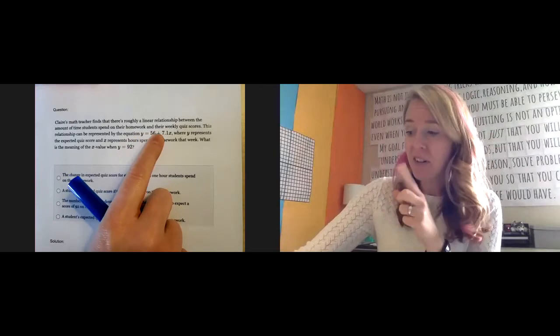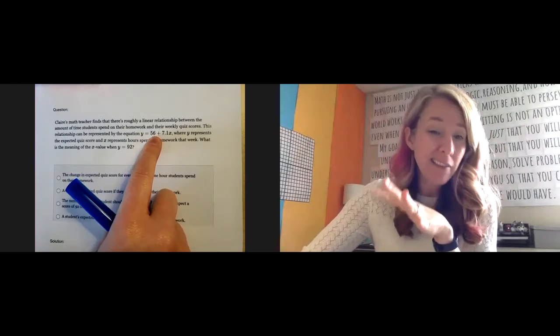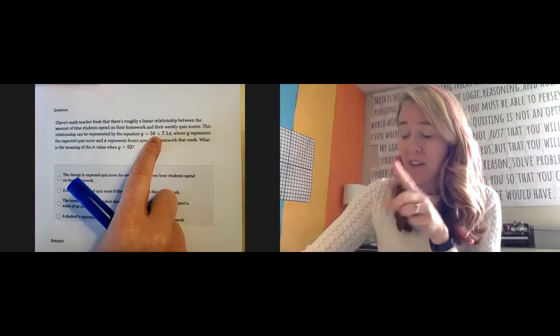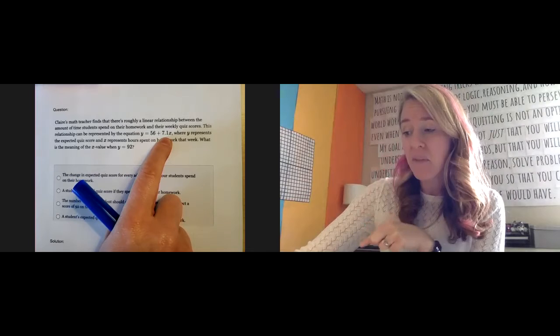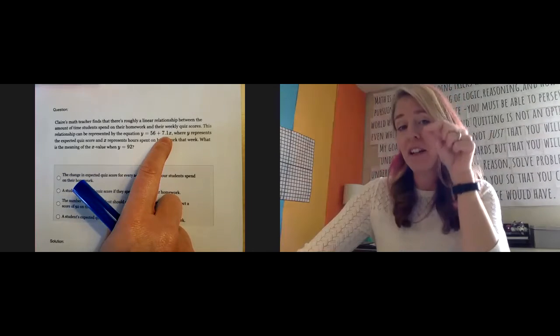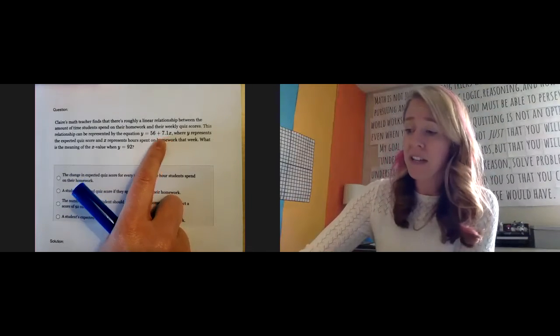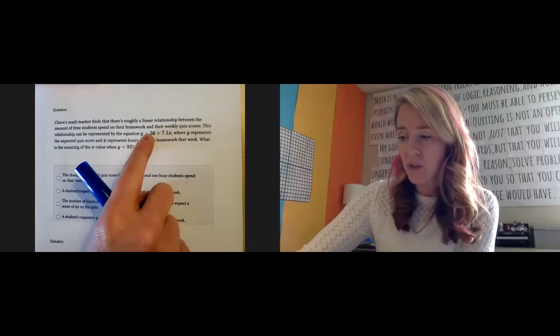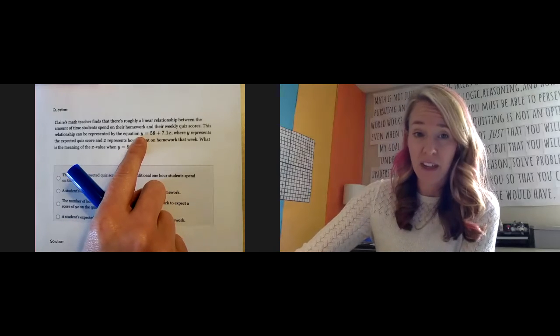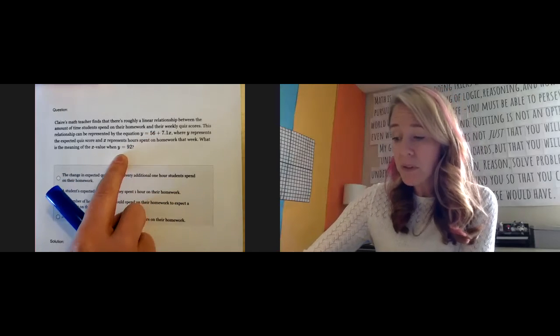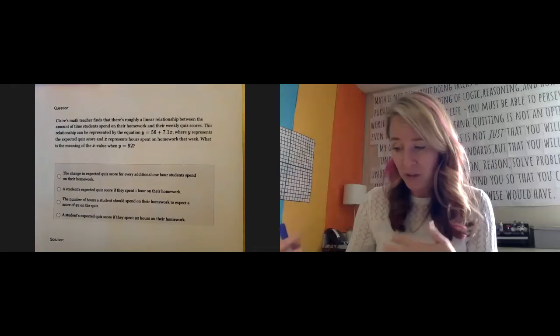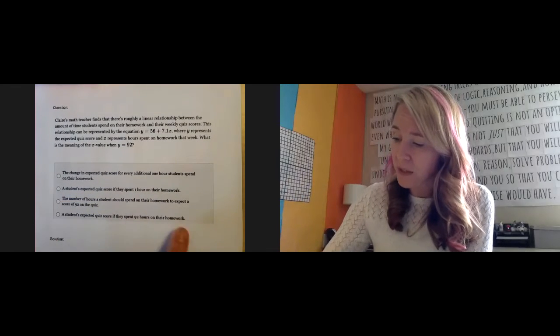That's a result of starting off with everybody expecting to get at least 56%, plus 7.1% for every hour they studied. They're not asking how many hours they studied in order to get Y to be 92, because you could just plug in 92 and solve that equation. They're just saying, what does it represent? So I'm going to jump right to it here.